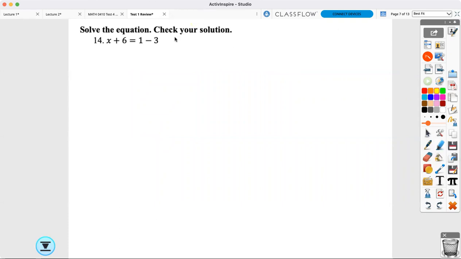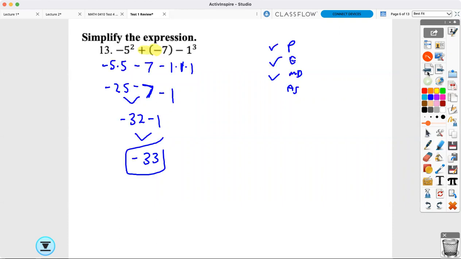Okay, how did I get 32? Let me go back to the problem. So -25 minus 7. So -25, Brianna, is that I owe 25 to the bank because it's negative. -7 minus 7 means I spent 7 more at the store when I owe the bank 25.